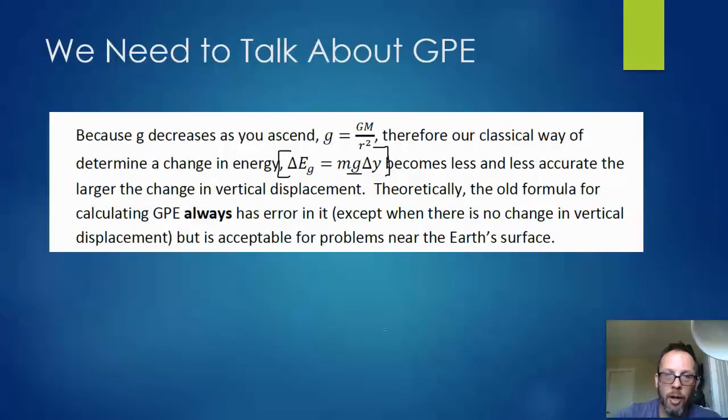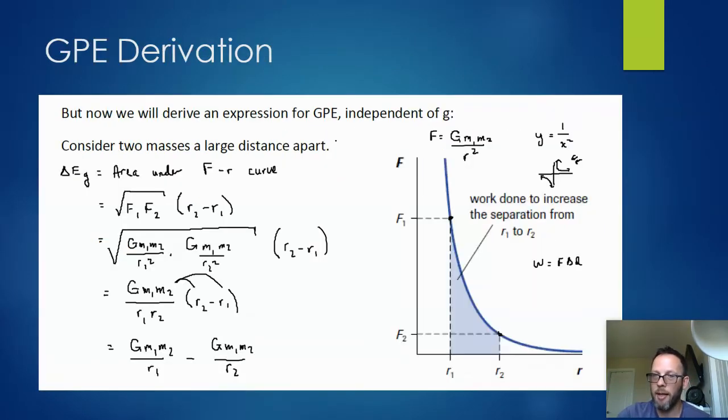When we were doing EG equals mg delta y, we were using h equals 0 or y equals 0 to be like maybe the Earth's surface. And we were raising it above the Earth's surface and we were adding energy. We had to do work to lift something up. This new way of doing gravitational potential energy requires a bit of a change in thinking.